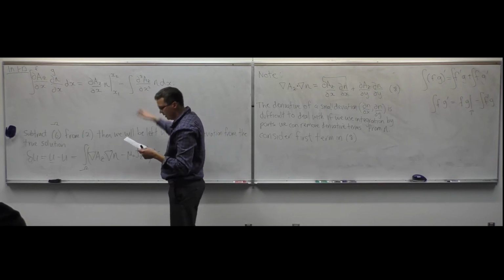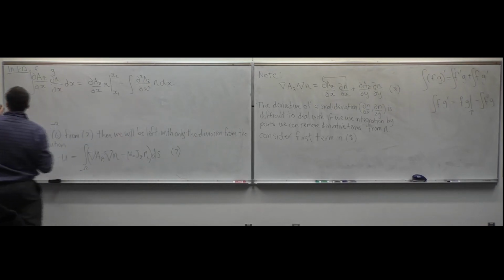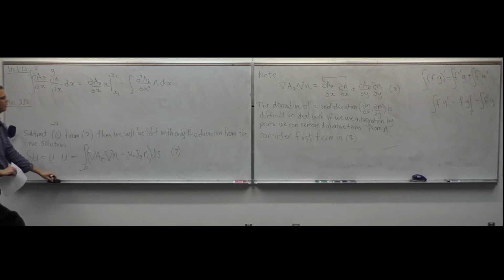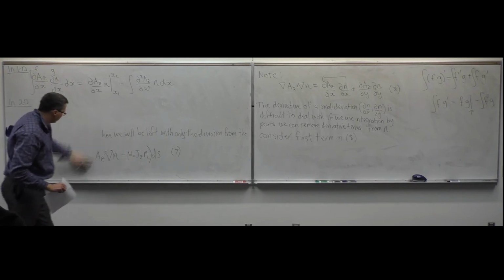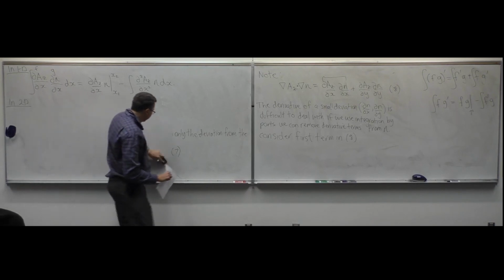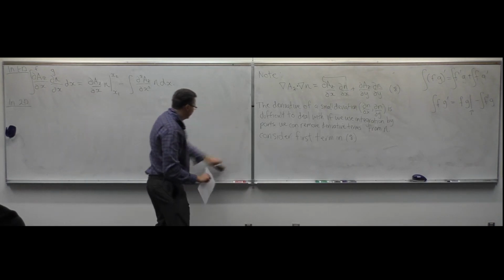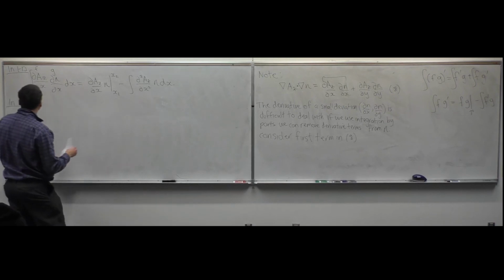So that's the 1D. If we then go to 2D, you can do the same thing. You can evaluate both terms and put them together to formulate the 2D version. So I'm just going to write that out.